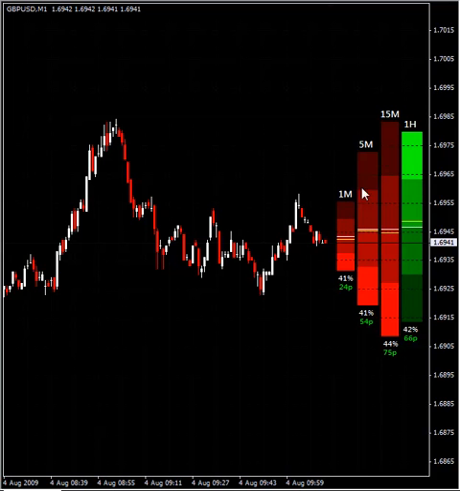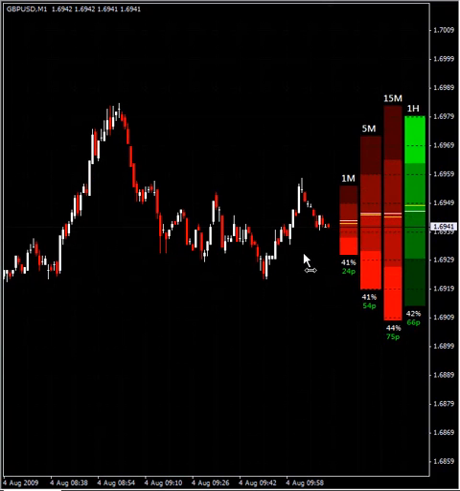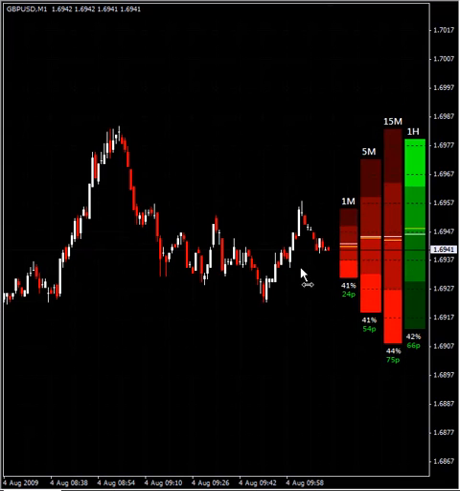As you can see, we are bearish on the first 3 time frames, the 1, 5 and 15 minutes, and we are still bullish on the 1 hour. And the default indicator that is used for calculating this value is the RSI.